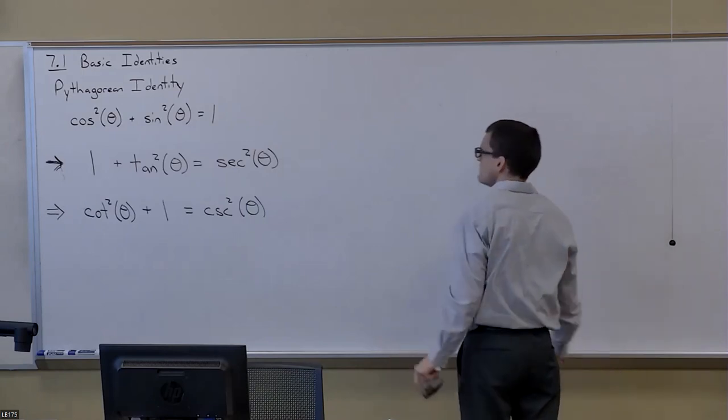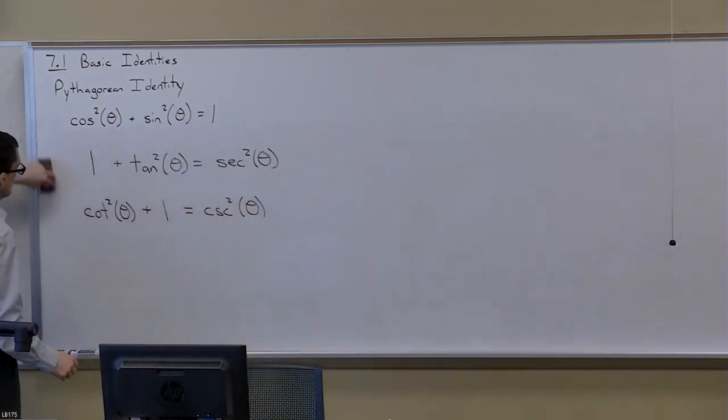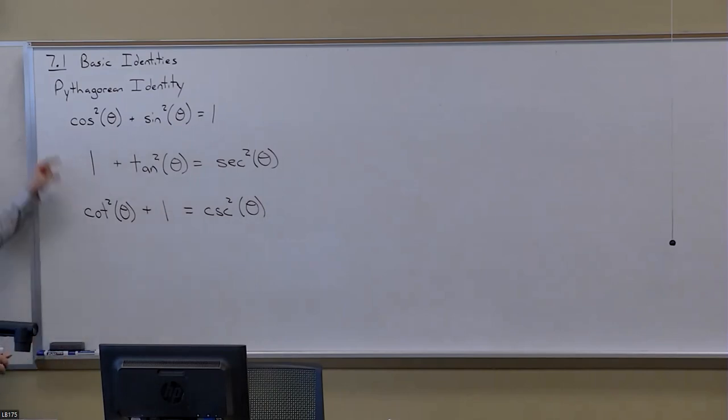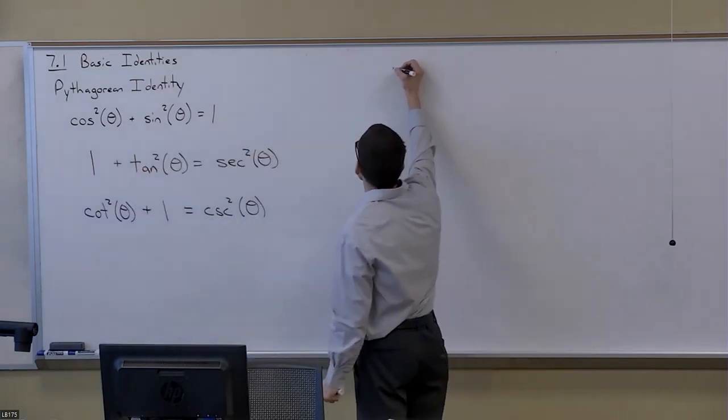Not yet, anyways. So this is our base Pythagorean identity. This is the one that everybody in mathematics would tell you is the Pythagorean identity. This is the one people have memorized. These two people generally don't have memorized. Here's why.